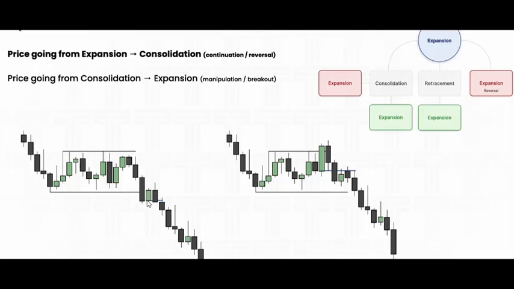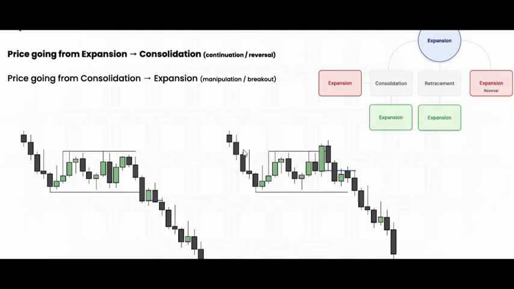You see, market closed below this series, this up close candle. So then it becomes an order block, right? Move lower. So expansion, consolidation, breakout, expansion.